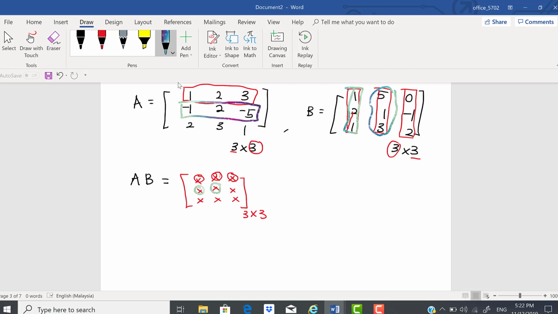Then again negative 1, 2, negative 5 times 0, negative 1 and 2, and we get the value here. For the last row, 2, 3, 1 times each column of B, you get the values here. Now let's do it.